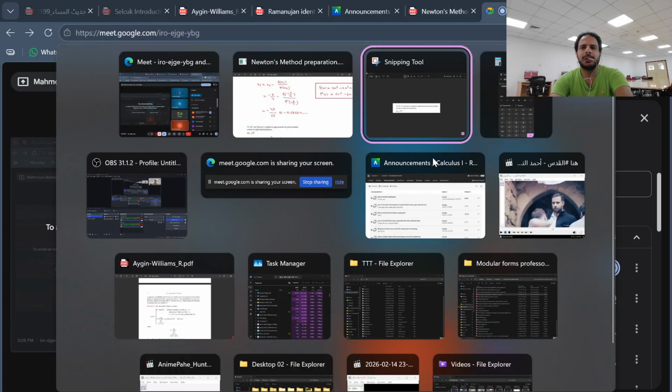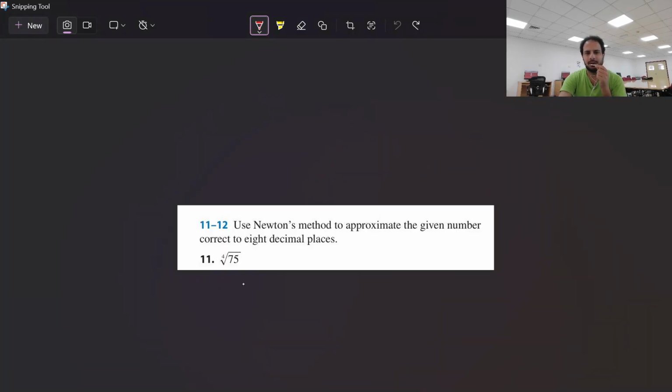So, what do you think? Professor, is the function x to the power of 1 over 4? X power 1 over 4. There is a better choice, but yes, you can do this one.